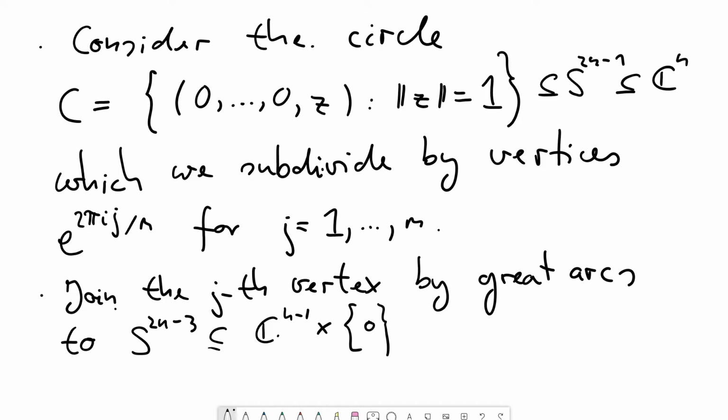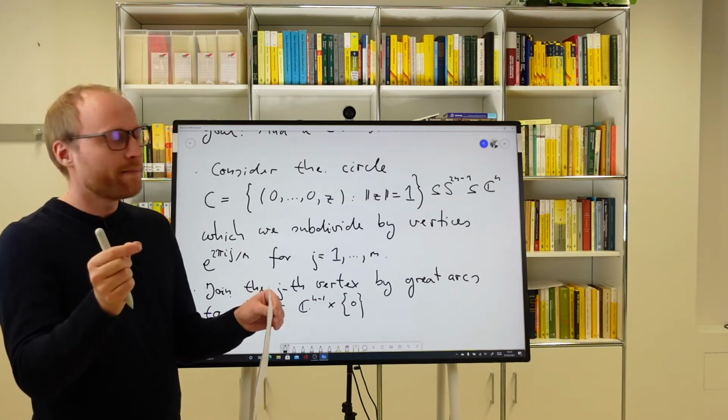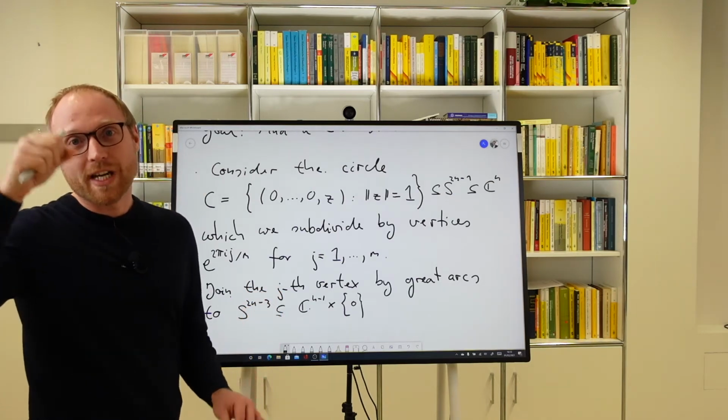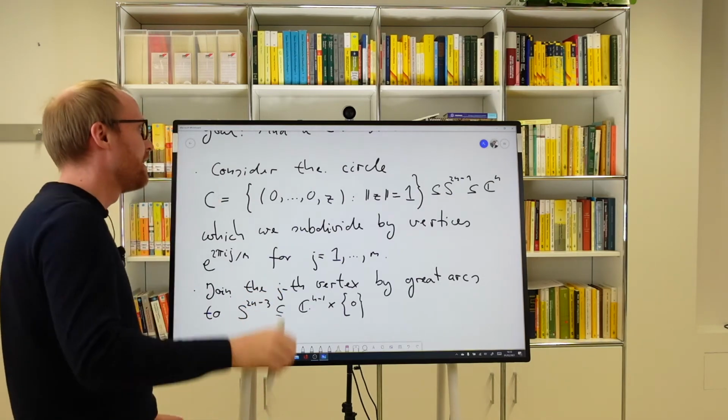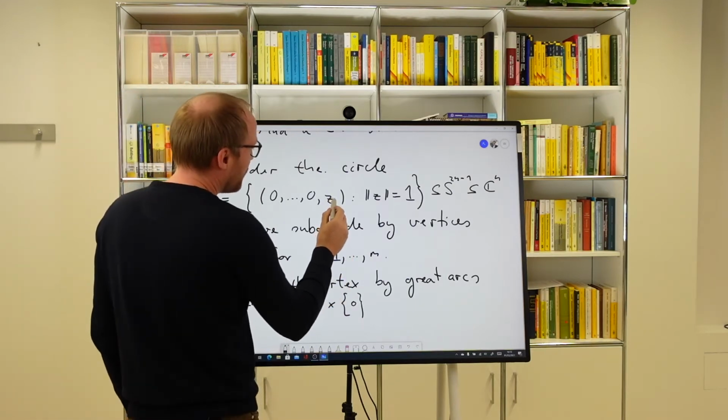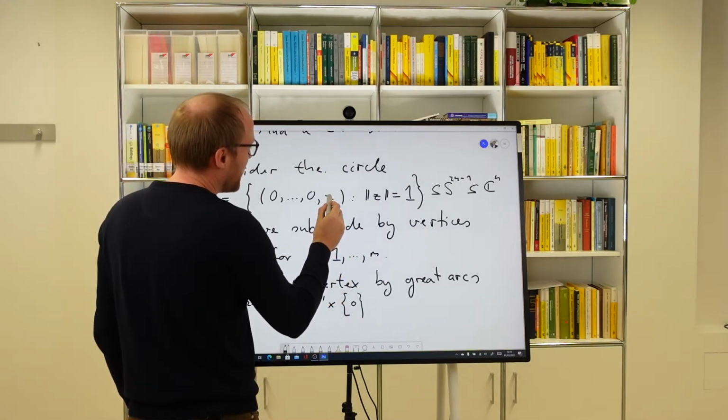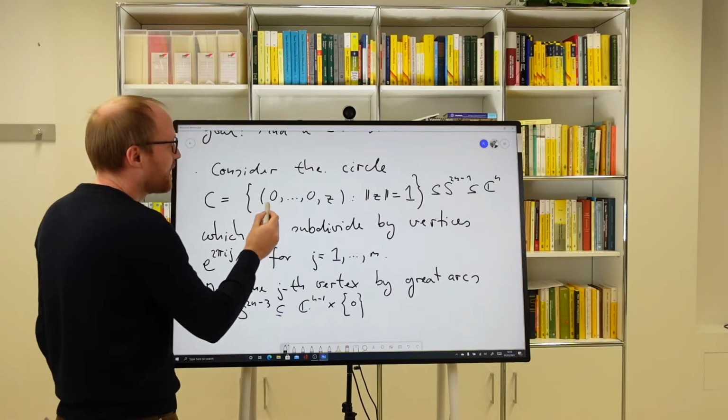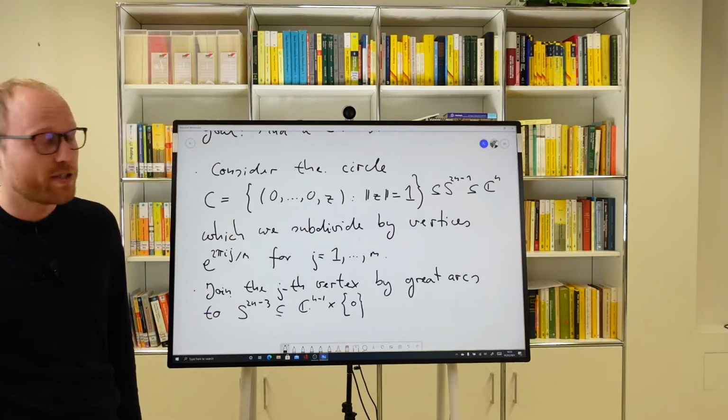If we want to join by great arcs, we should make sure that there are unique such choices. For any two points on the sphere, there is a unique arc connecting them, unless those two points are antipodal. But the antipodal point of a point here is just the same point with a minus sign in front of it, and that does not lie in this (2n-3)-dimensional sphere.